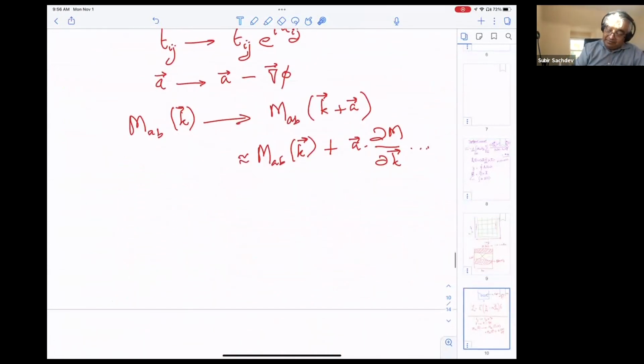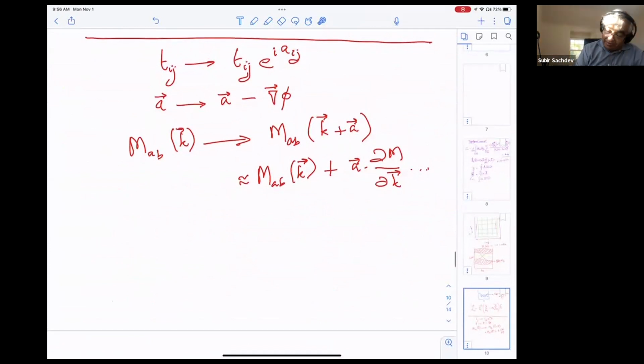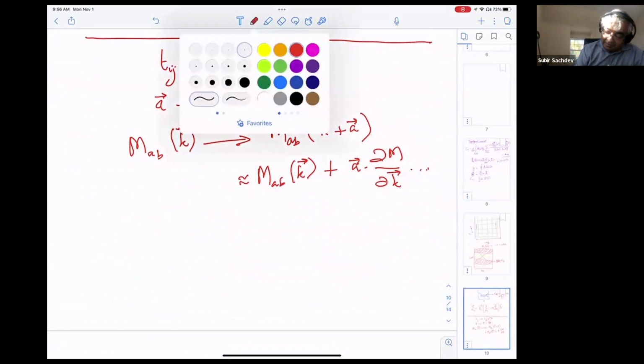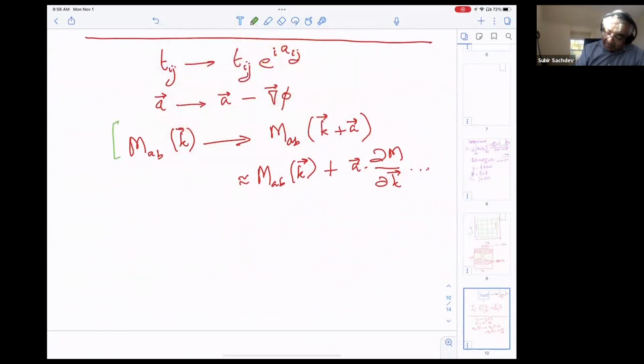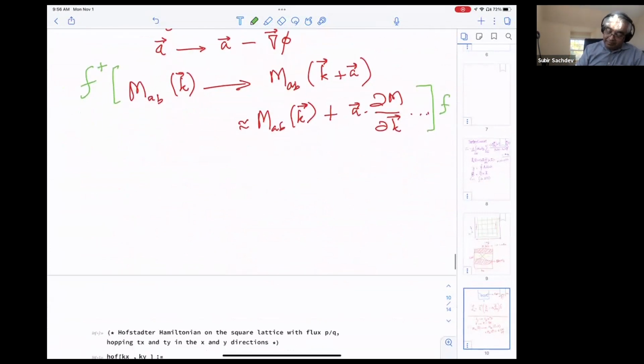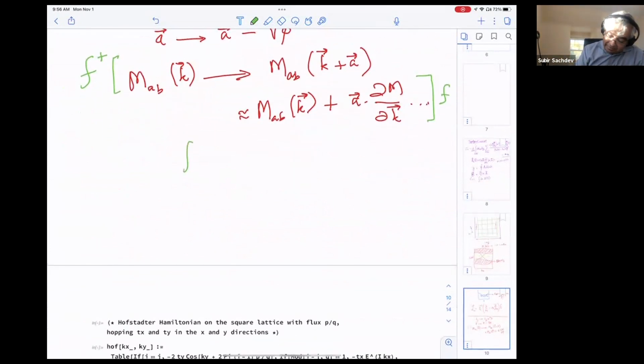Okay, so now what you have to do is, here I've coupled the fermions. Everything in here is being multiplied by f dagger f. Everything here in the Lagrangian has an f dagger here and an f here. So I have a coupling of the fermions to the gauge field. It's f dagger A dot dm/dk times f.